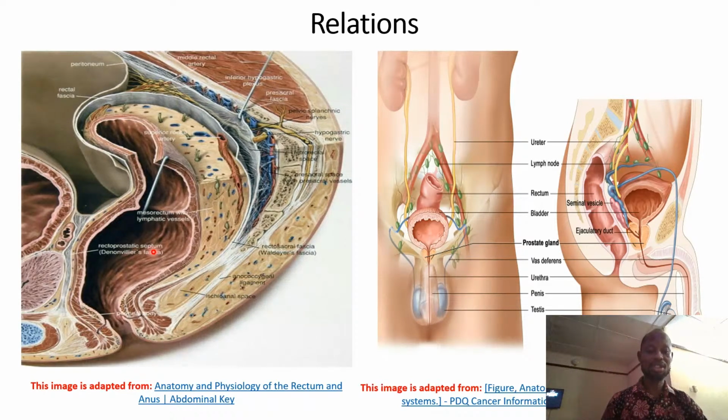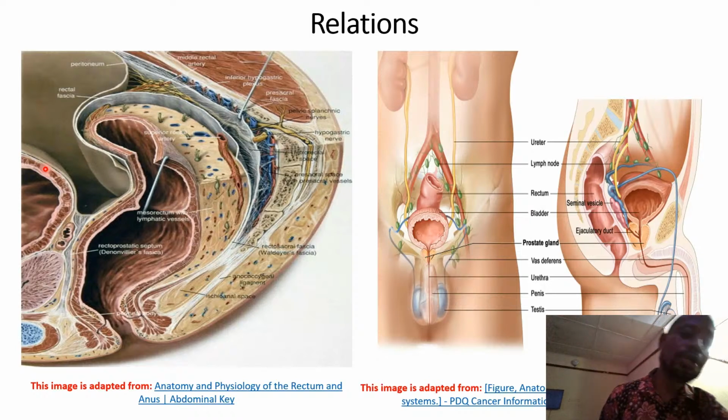Now let us see very well. The peritoneum is reflected, taking a forward turn to run onto the superior surface of the bladder, so that most of the base, or the posterior surface of the bladder, the upper part, is related to the peritoneum posteriorly.